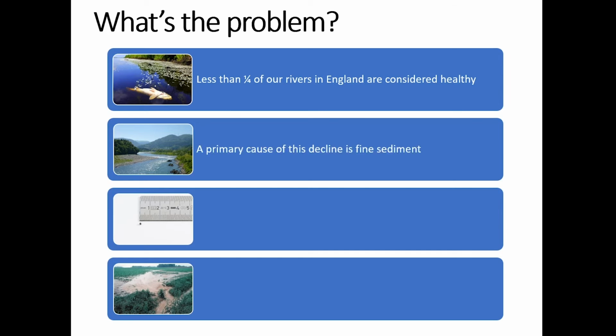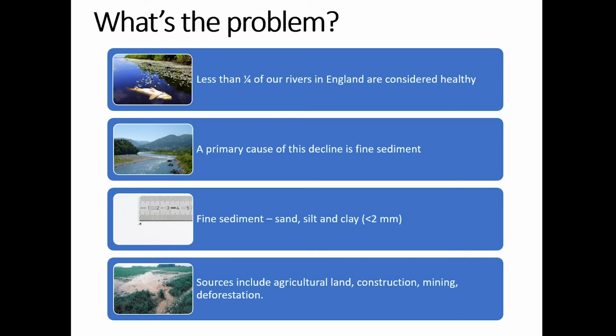A primary cause of this decline is fine sediment, and what I mean by fine sediment in the context of my PhD is sand, silt and particles smaller than 2 millimetres. There's a variety of different sources: agricultural land, construction, mining, deforestation, anything really that destabilises the upper layers of the soil, which can increase soil erosion and runoff into rivers.